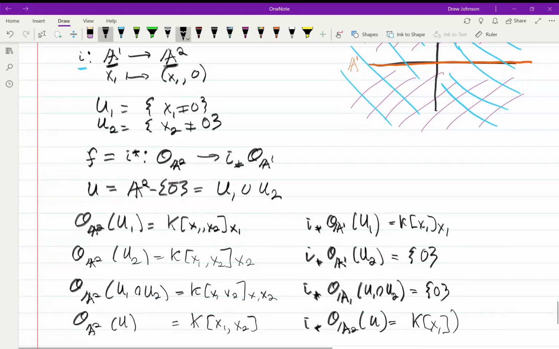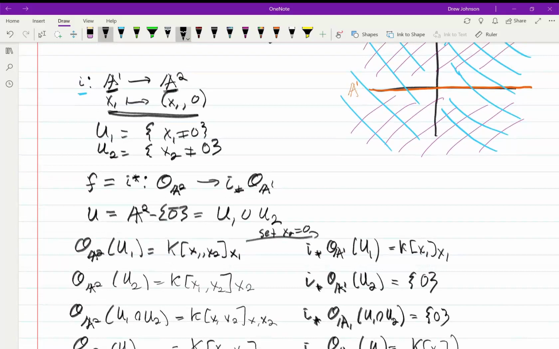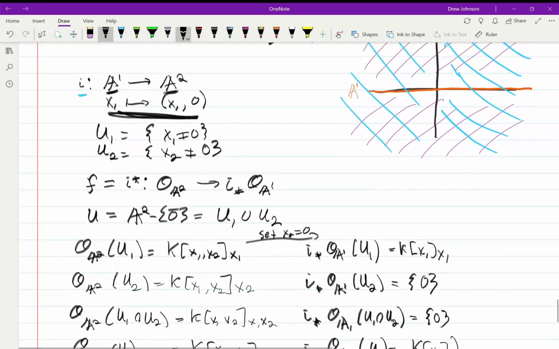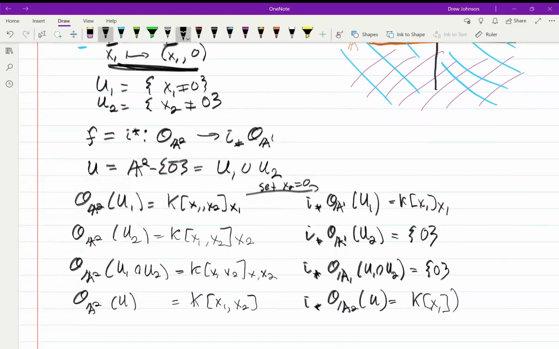This will be k[x1]. And what are the maps here? The maps here are just to set x2 equals 0, right? It's exactly corresponding to this function here. Sorry, and right here I should have said this is k[x1] localized at x1, because the set U does not contain the origin.